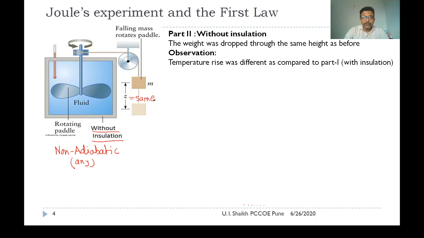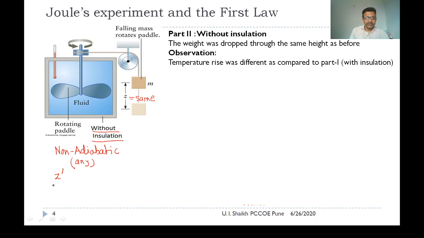Now, if we want to achieve the same temperature rise as before, what do we have to do? Correct. You have to drop the weight through a different height to achieve the same temperature rise as before. Suppose the height is now Z dash, through which the weight is to drop to achieve the same temperature rise.